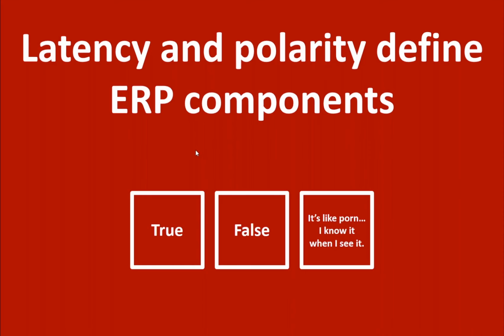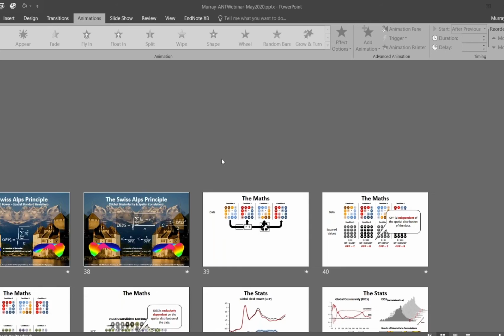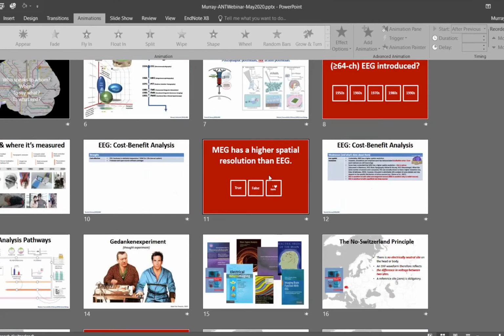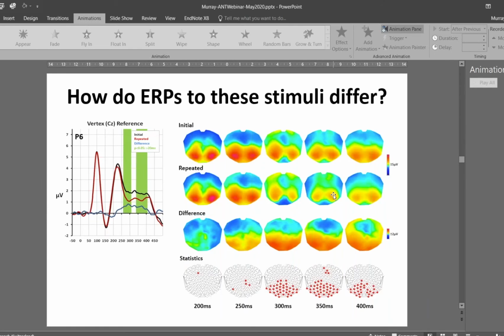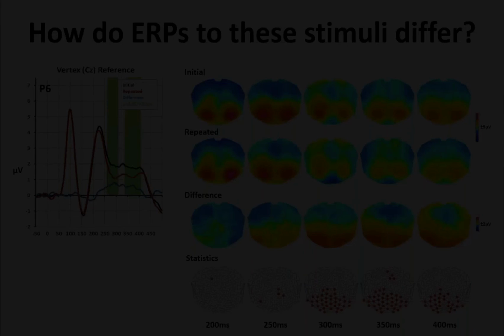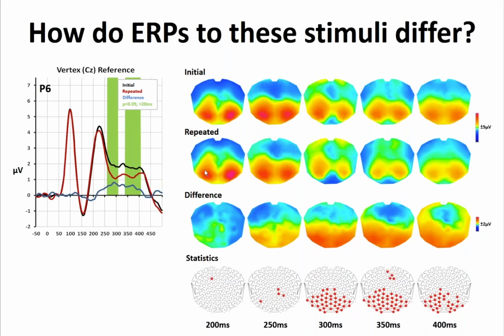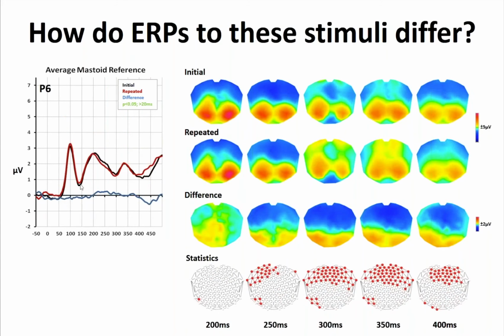A component is defined by its topography and its latency, not by its polarity. And what I'll do is jump out of this just to make this point very clear. If we look at this image here, if I only use the polarity, if I say that this component here has to be negative, but I change the reference, it's now positive.